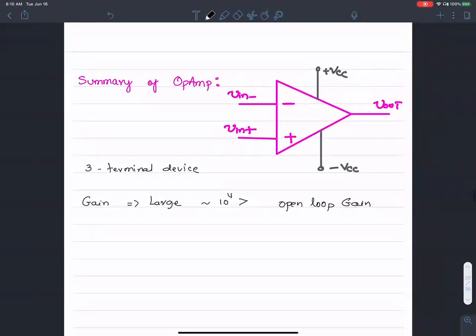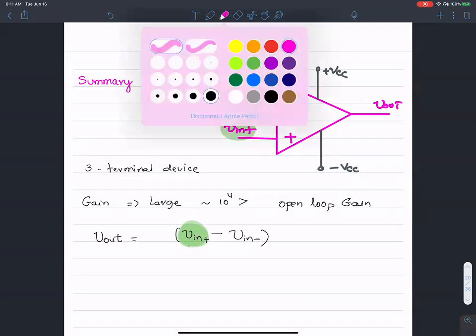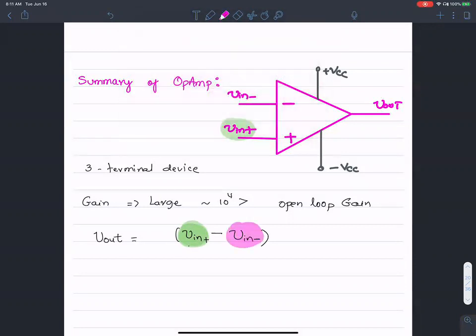The input-output relationship is something like this. The output is V input plus minus V input minus. This is the input that we apply here, and this is the input that we apply here.